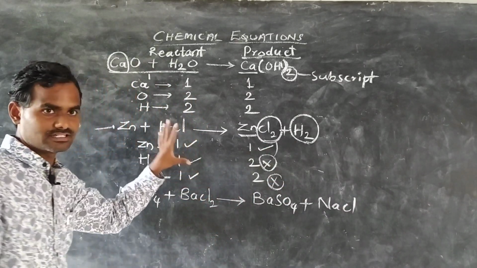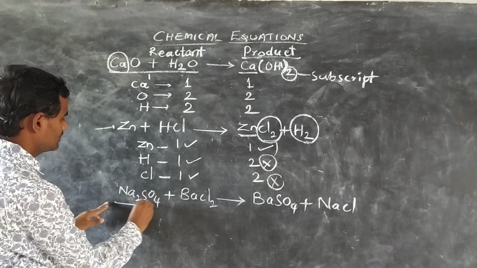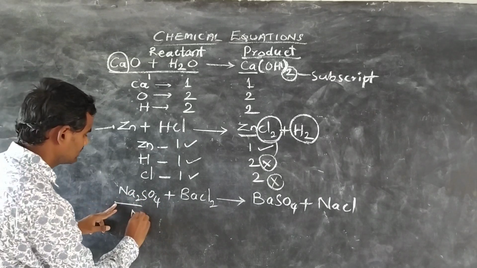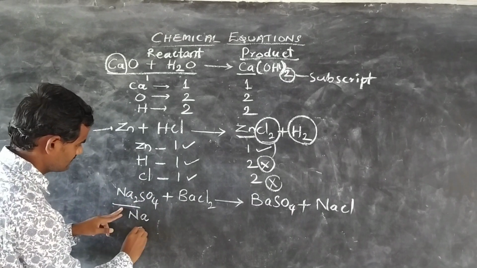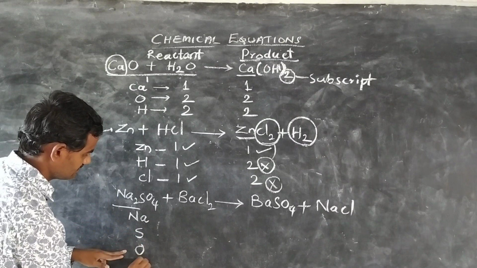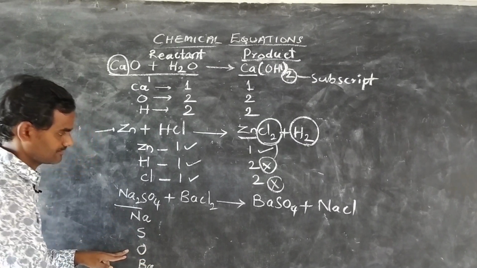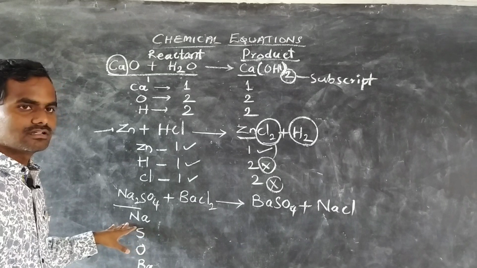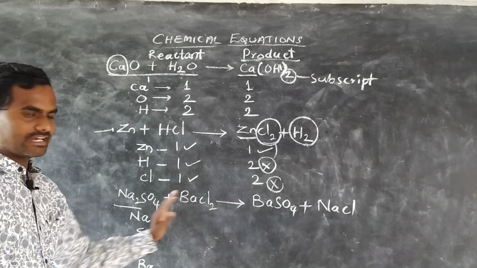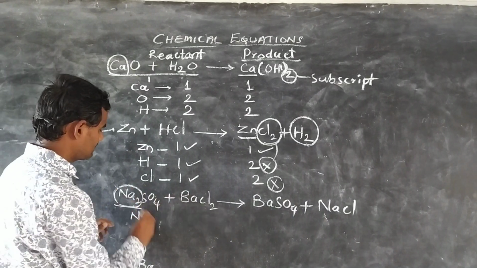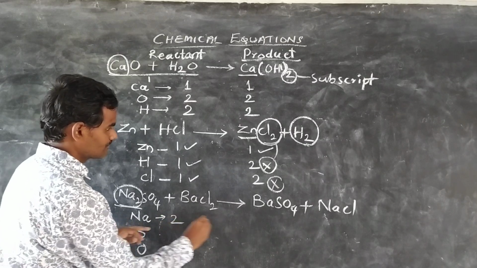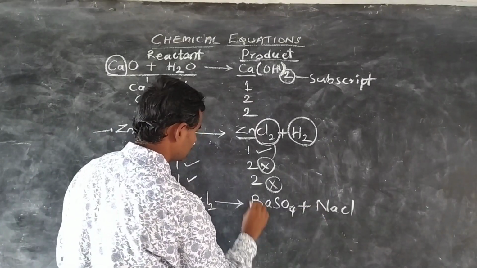Okay, now just remember this. Next, coming to the third one, it contains sodium, sulfur, oxygen, barium and chlorine. These are the atoms present on the reactant side. Sodiums on the reactant side are 2, sodium on the product side is 1.